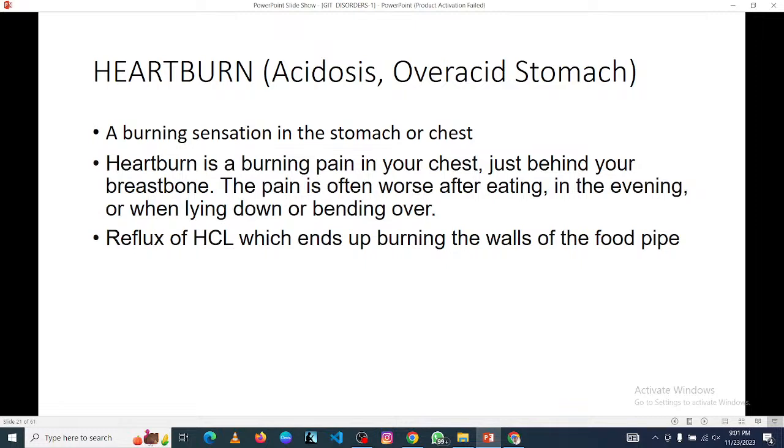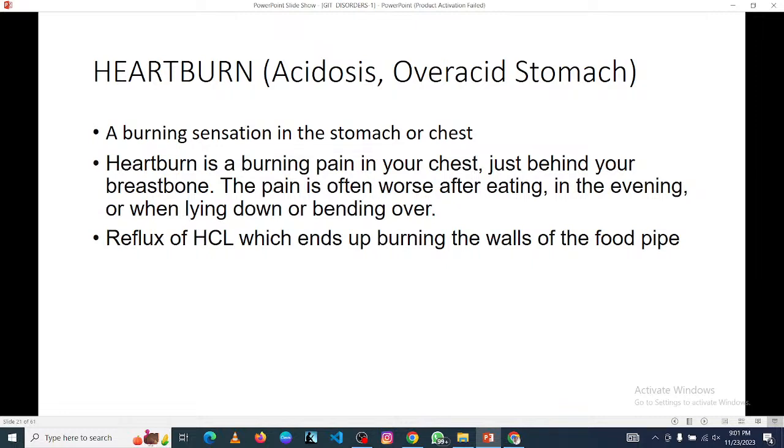So this is why we have GERD, or gastroesophageal reflux disease. Its main symptom is a burning sensation in the epigastric region. The epigastric region is the middle upper region of your abdomen.